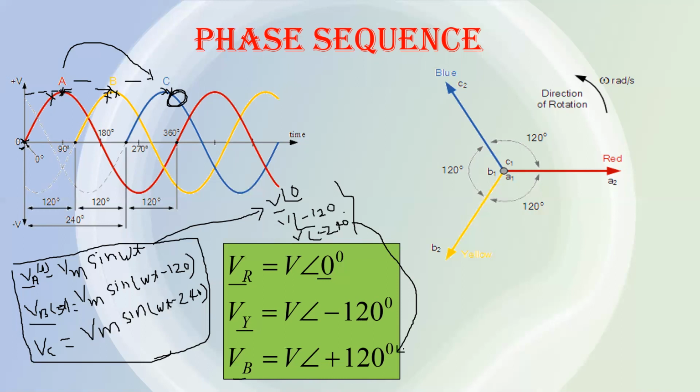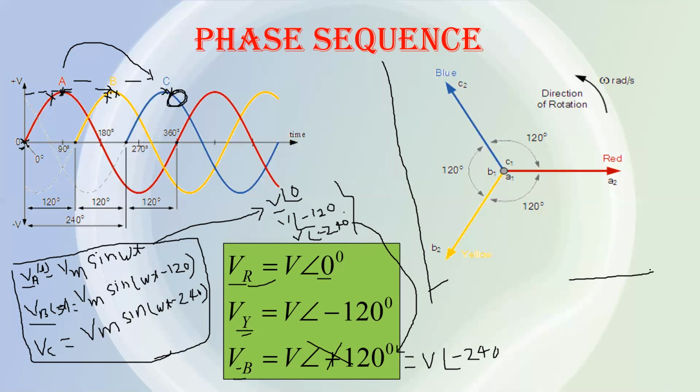I will show you why I am writing this through a phasor diagram. For example, let us consider this is not V angle plus 120, this is V angle minus 240. Now the question is, draw the phasor diagram for these three phase voltages. How will you draw it?